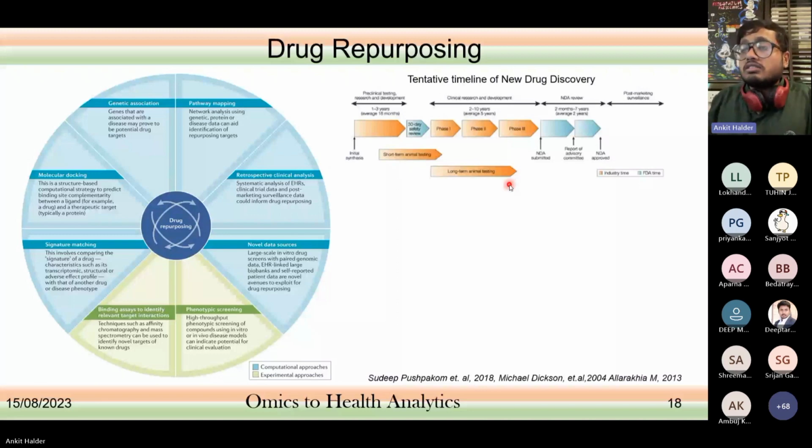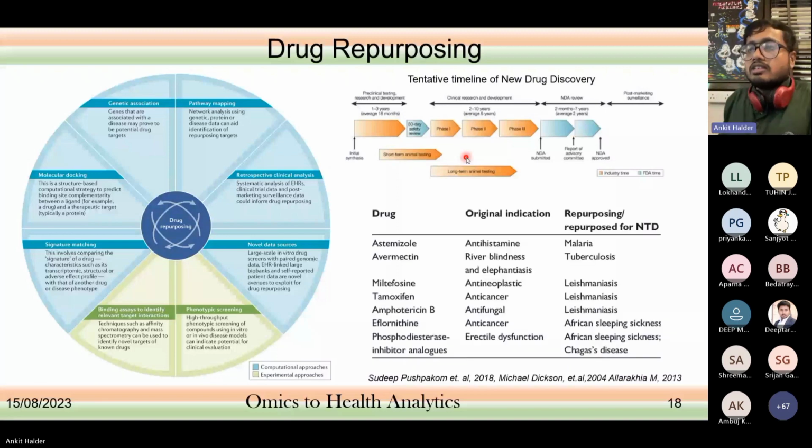But what we can do is, if a drug has been approved for certain other diseases, can we use it for these diseases? I think during the COVID time it was very much in this process, of how to repurpose those drugs.